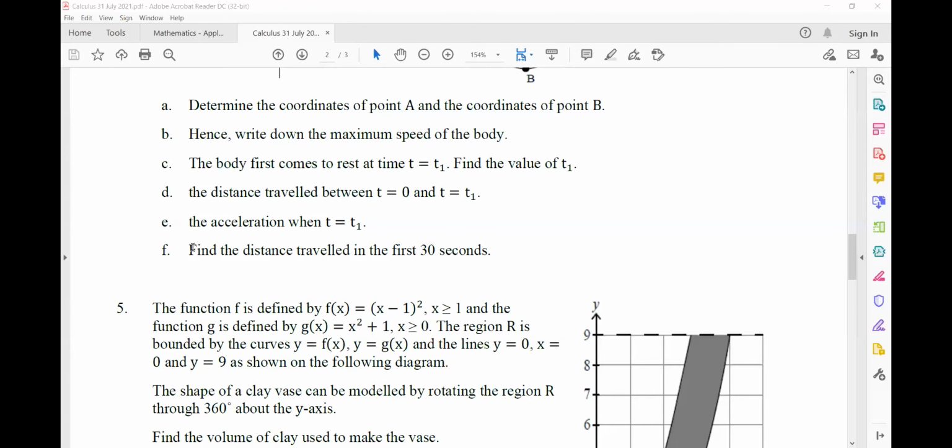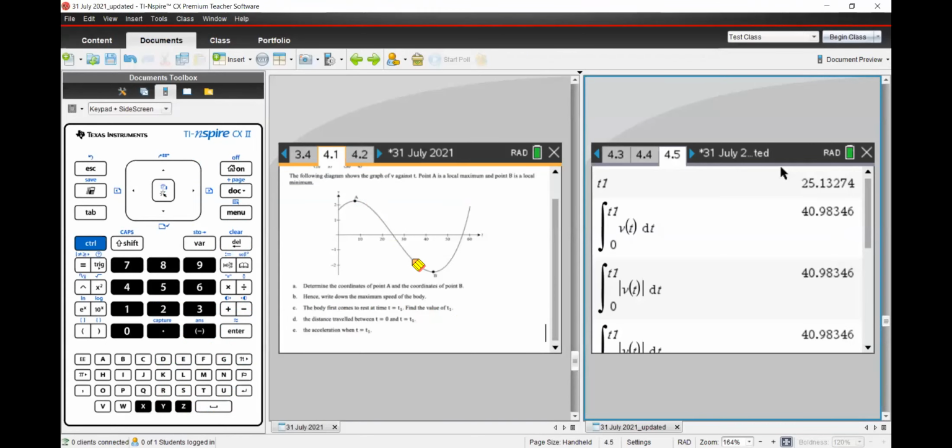In the last part, it says find the distance traveled in the first 30 seconds. It would be very similar to part D, where it asks you from 0 to T1. Now it asks you from 0 to 30. But when we do from 0 to 30, the graph changes from positive to negative.